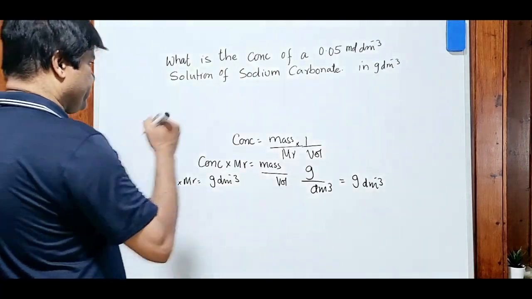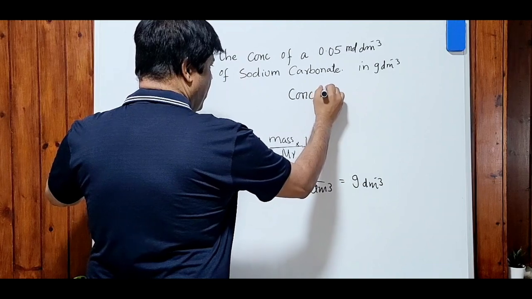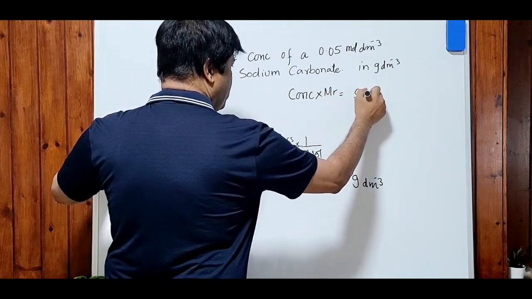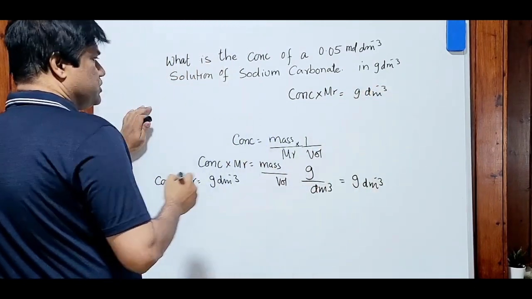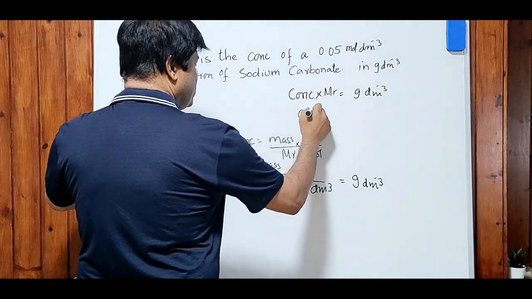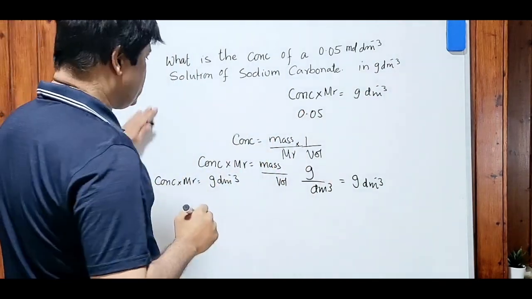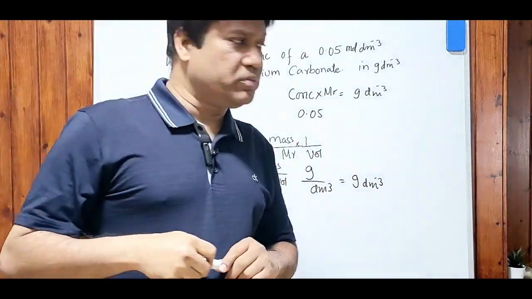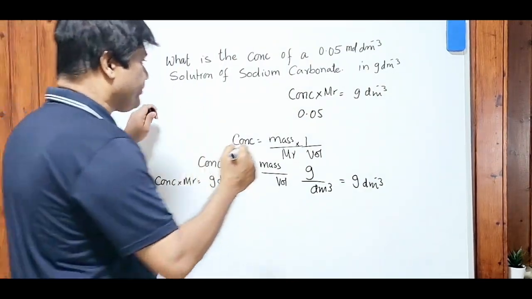See, look: conc times Mr equals gram per dm cube. What's the concentration? 0.05 of sodium carbonate. Can anyone let me know the formula of sodium carbonate?